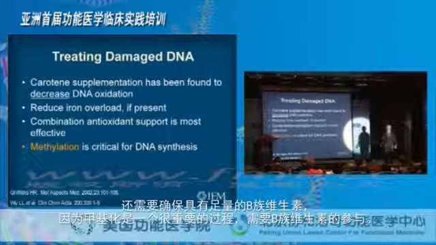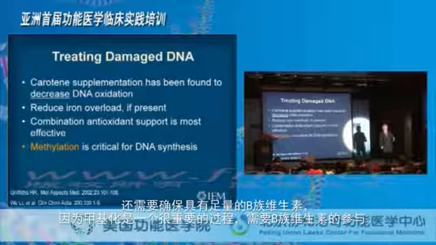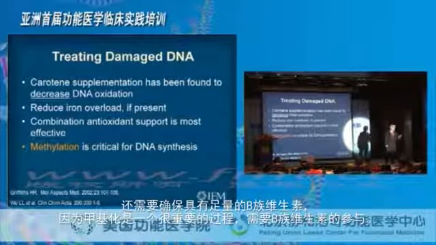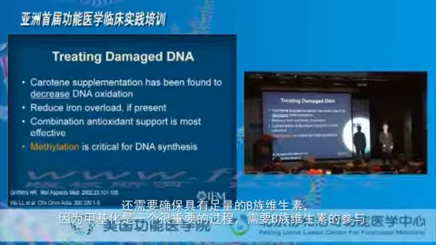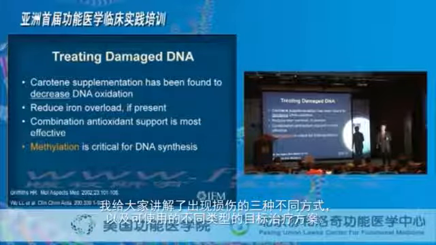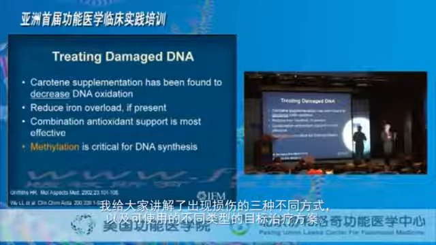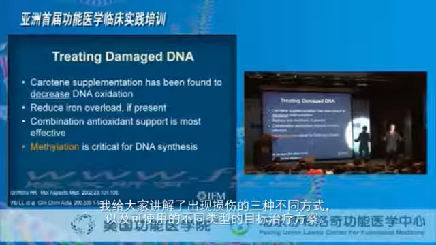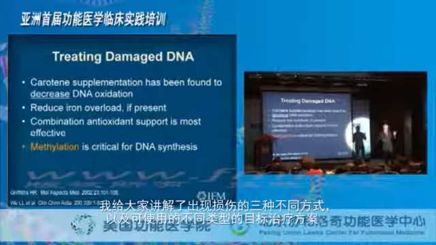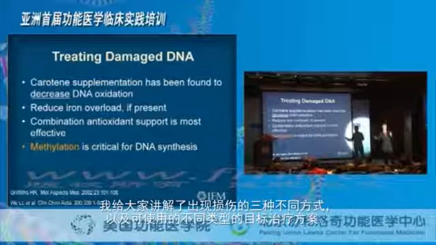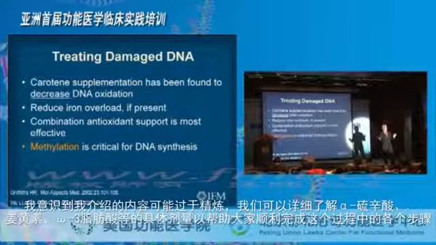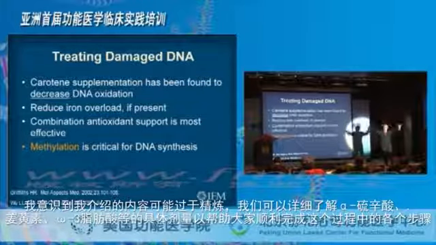We're going to look to make sure there's not excesses of iron, and we're also going to make sure that there's adequate amounts of B vitamins, because methylation is very important. Now, I've just shared with you 3 different ways in which damage can occur, and different kinds of targeted therapeutics that can be used. I recognize that this is at a high level.